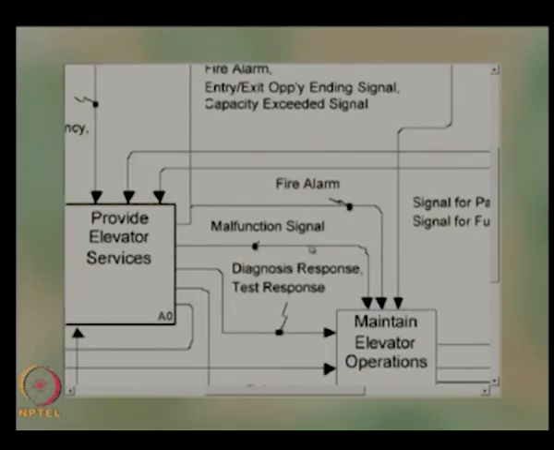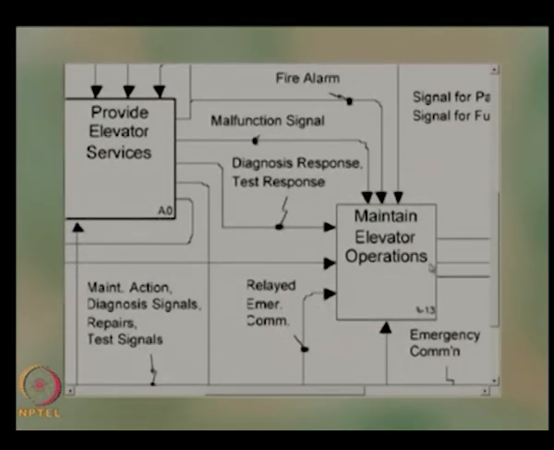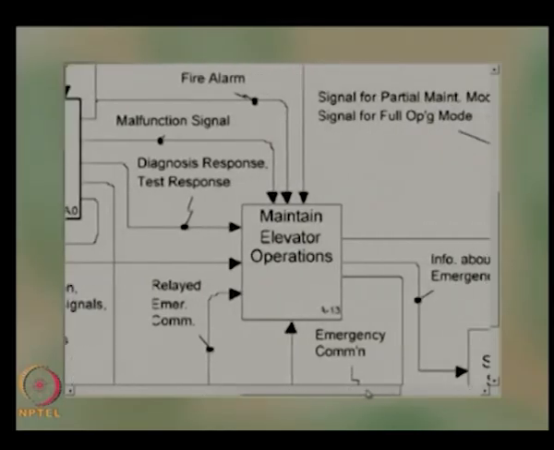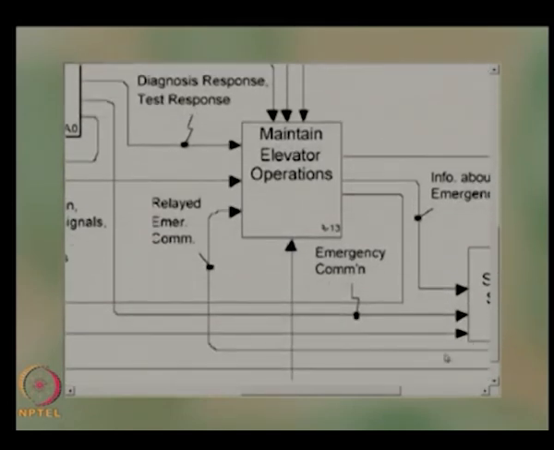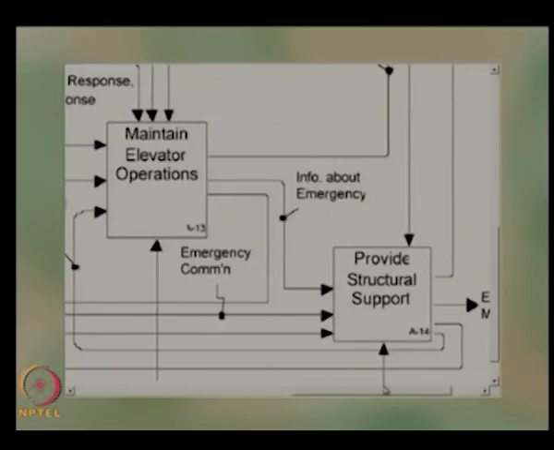So the malfunction signal is there, then a diagnose or test response signal is coming over here, and a fire alarm signal coming to the maintenance elevator operations. So for the maintenance function, we will be able to identify this maintenance input output requirement for the maintenance of the elevator. Similarly, all other function requirements also can be identified using this kind of interaction diagram. So we will identify all the interactions between subsystems and then use these interactions to identify the requirements.